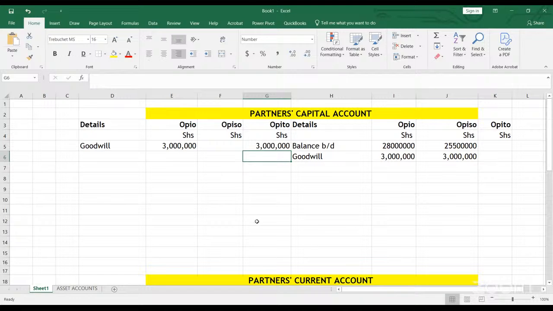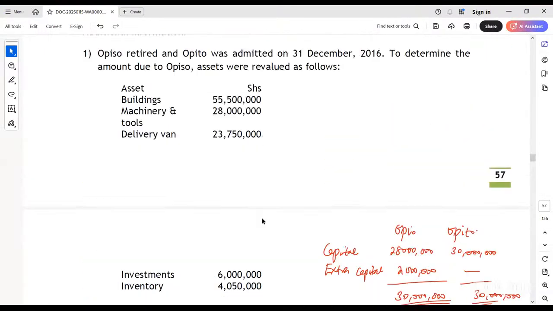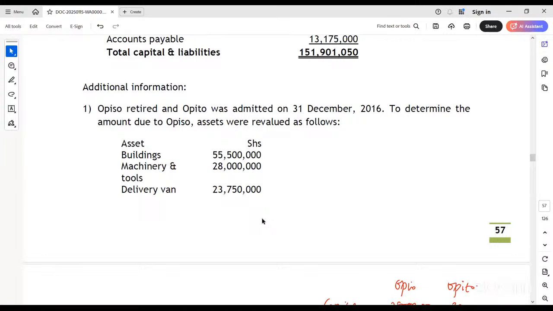Okay, so let me take you back. This is our capital account so far. Let us check and see what we have now. Revaluation of assets: we have seen how to deal with the revaluation of assets, and we have accounted for that.